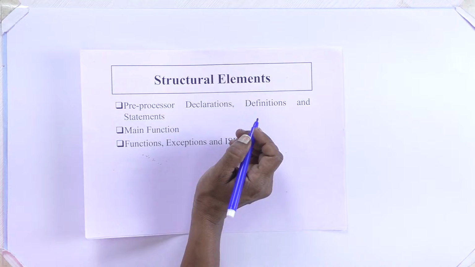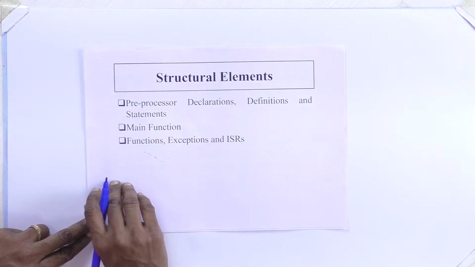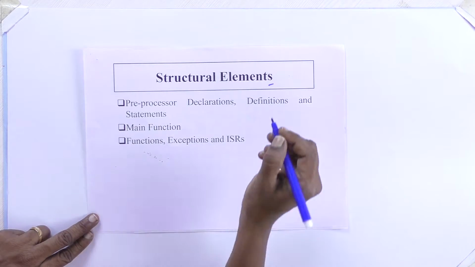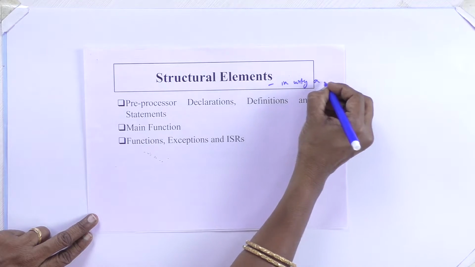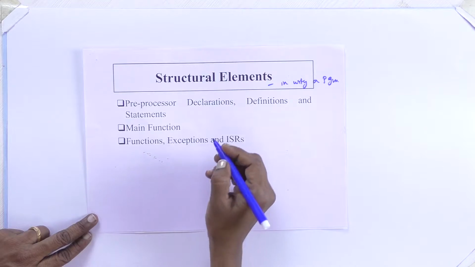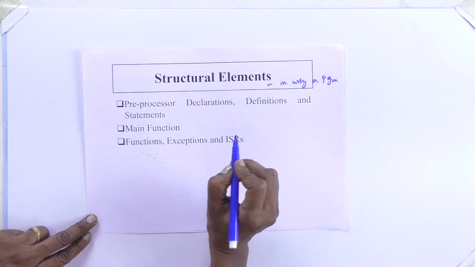So now we have seen the high-level language and low-level language. Now let us speak about the structural elements that should be included in writing a program. In writing a program, preprocessor declarations and definition statements are mandatory.